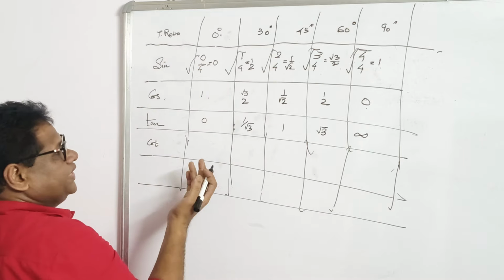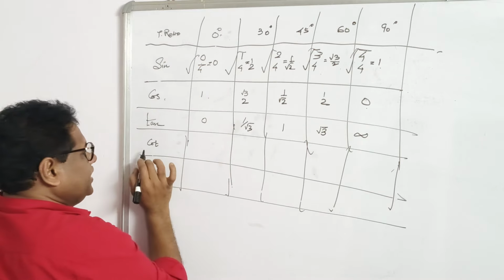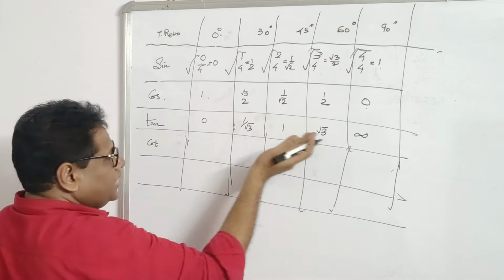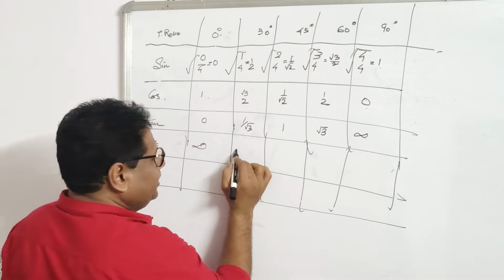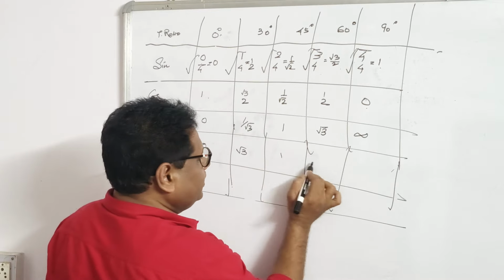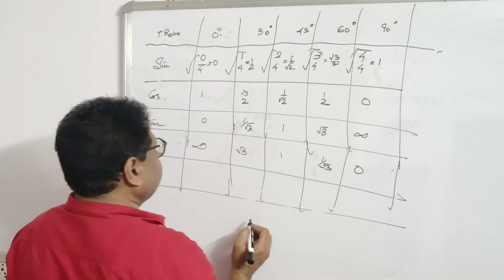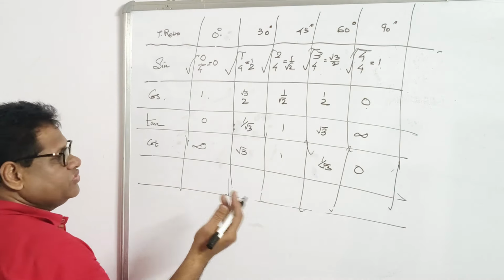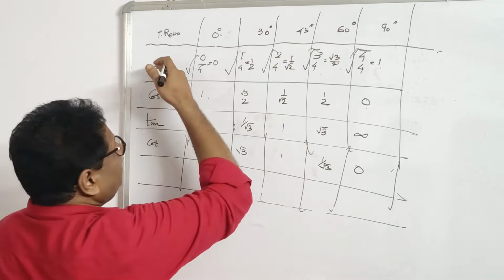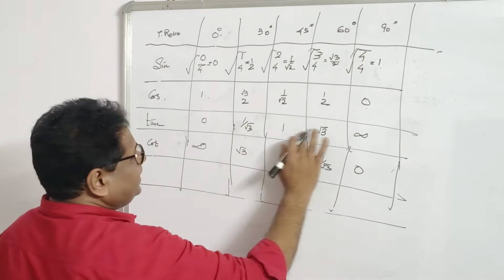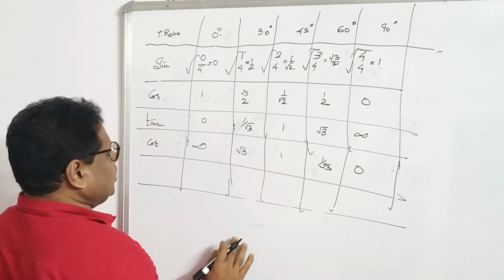So for tan, you have written 0, 1 by root 3, 1, root 3 and infinity. Keep this in decreasing order: infinity, root 3, 1, 1 by root 3 and then 0. This gives you the values of cot. So it's very easy to remember. If you write sine in decreasing order, you get cos. Then if you write tan in decreasing order, you get cot.